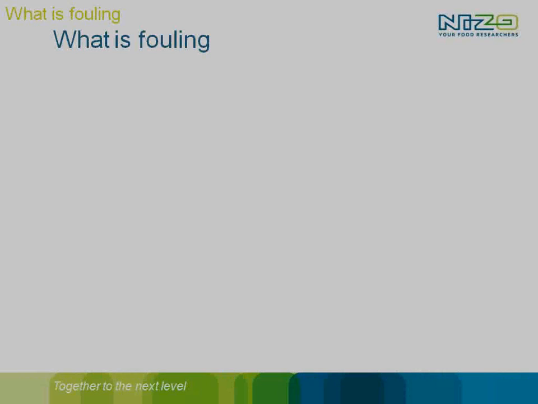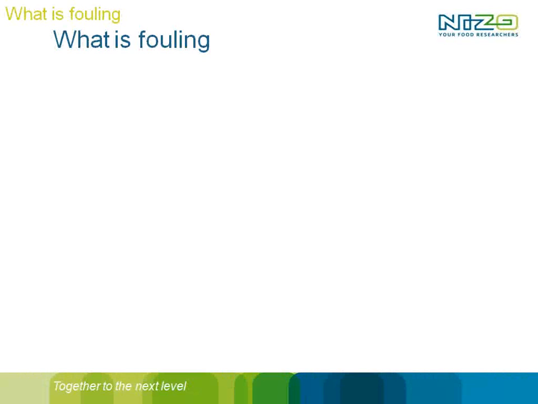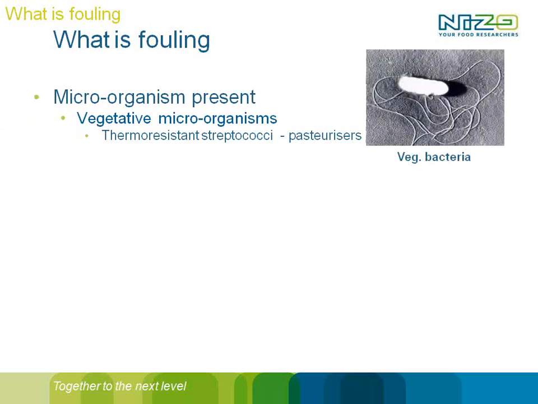We now come to the microbial type of fouling, and also within that category we have various classes of fouling. At first, it's very important to know what kind of microorganism is present. And at first, we have the so-called vegetative microorganisms, the non-spore formers, that are mostly not that heat resistant, but they can grow very fast.